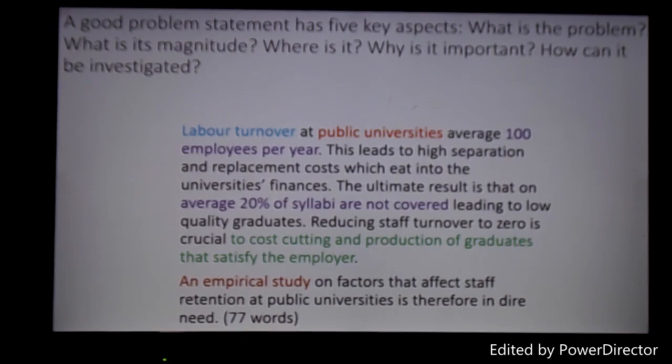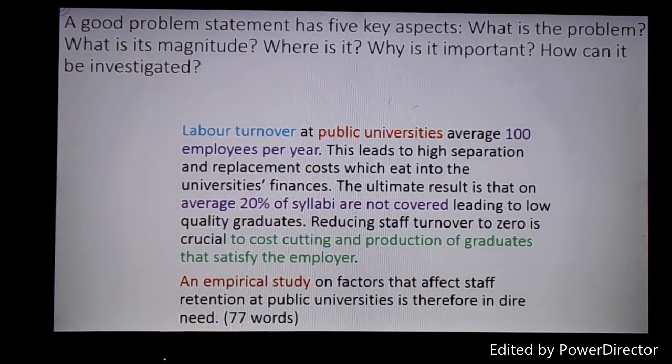Let's take this 77 words problem statement. It reads, labor turnover at public universities average 100 employees per year. This leads to high separation and replacement costs, which eat into the university's finances.